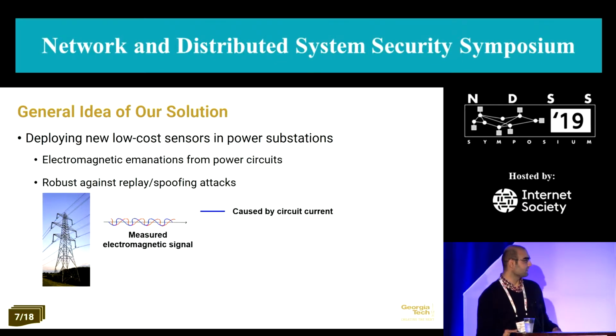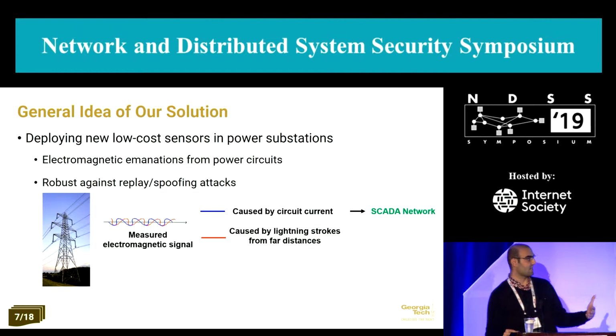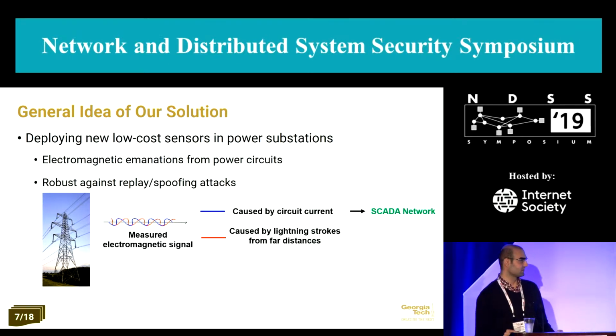The first component comes from the circuit current, and the second one comes from lightning strokes that happen at a very long distance. From the first component, we can extract the SCADA network traffic attributes and check the accuracy of the network traffic to see whether it has been compromised or not. And from the second component, we can use it for signal authentication. And I will explain how.